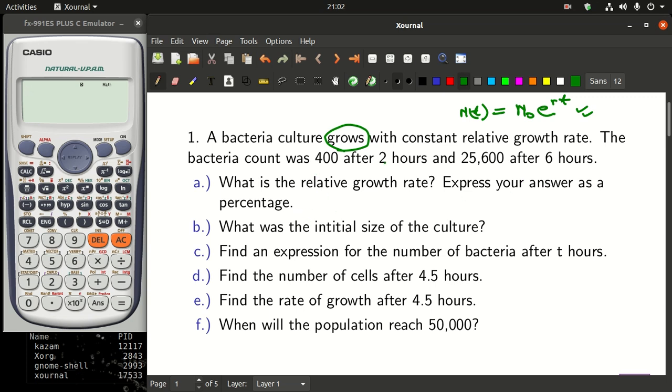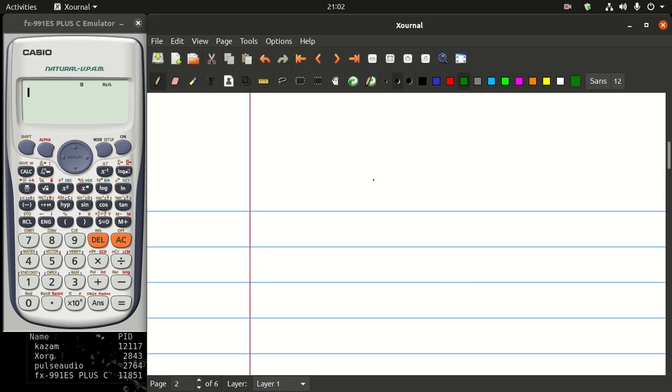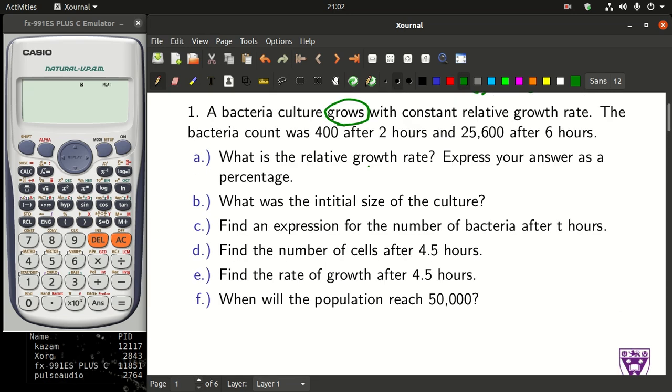So we use these two equations here. Let me add a page. Basically here we already know that the bacteria count was this after 2 hours. Using that equation, N(t) equals N0 e raised to rt, the first part of the sentence says 400 after 2 hours.